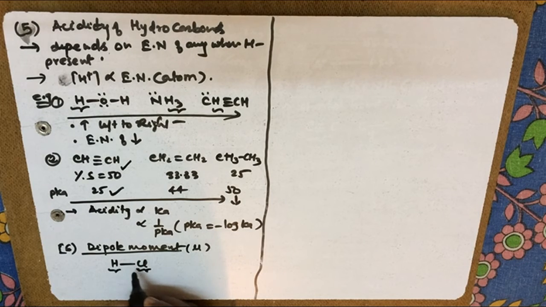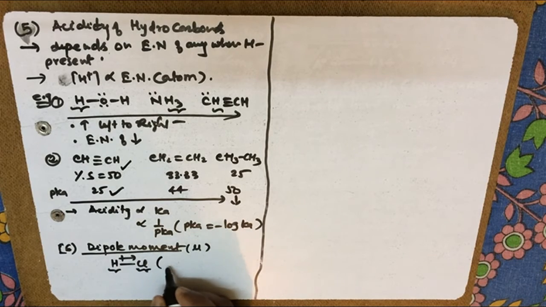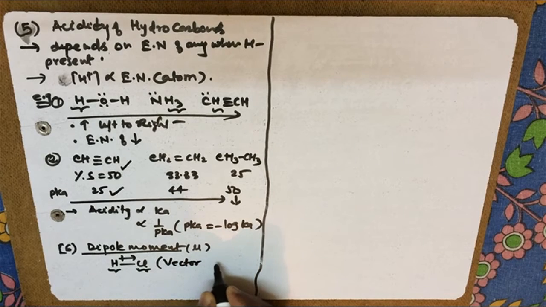So electron will pull this side. Okay, so electron will withdraw from hydrogen to chlorine itself. So the direction of this electron pulling is this. Okay, so this is actually the dipole moment, which is a vector quantity.